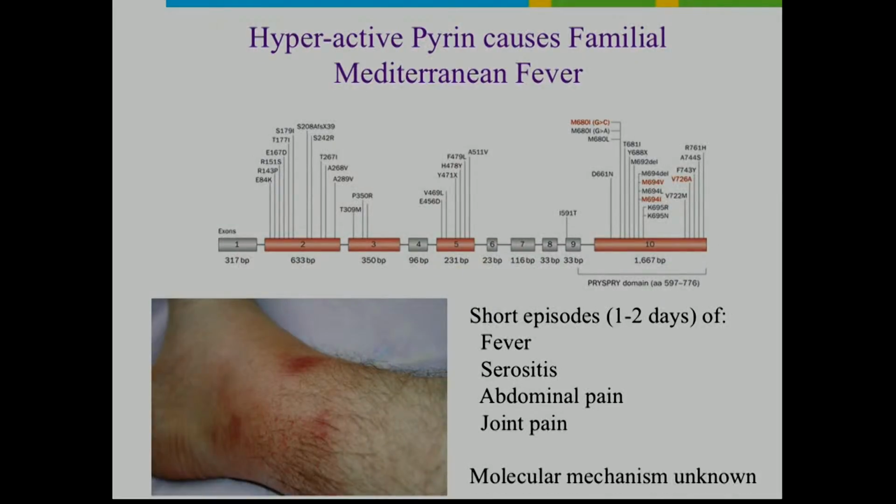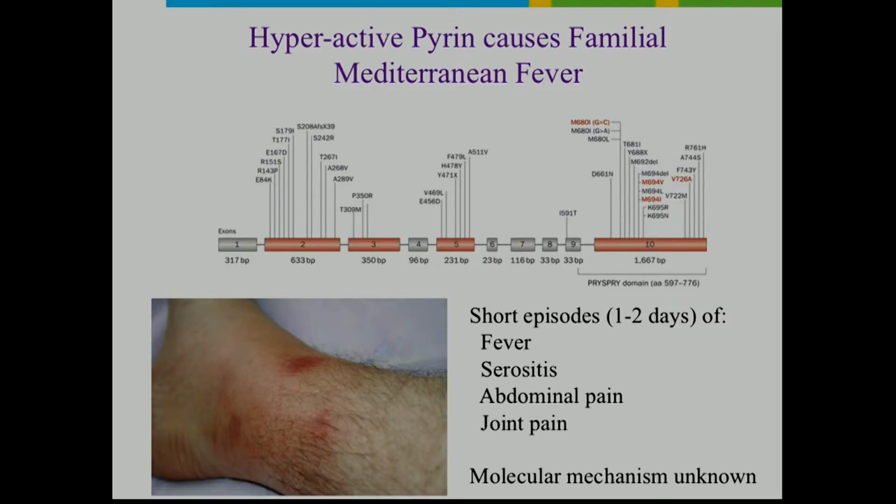Despite this, pyrin is actually one of the most important molecules in inflammasome activation. And we know this because mutations in pyrin cause familial Mediterranean fever, which is the most common autoinflammatory disease. So this is a structure of pyrin, and you have multiple different mutations throughout the structure that are associated with Mediterranean fever.